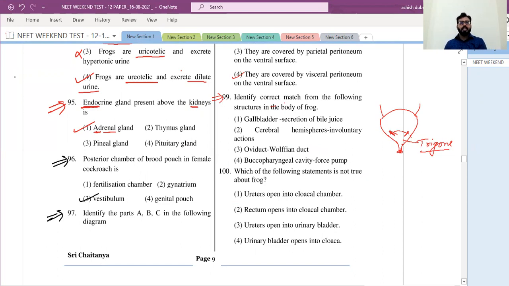The buccopharyngeal cavity is connected with the force pump because it has to accumulate air in the buccal cavity and then swell up the buccopharyngeal membrane. From the buccopharyngeal cavity, pressure develops towards the lungs because there is positive pressure breathing.